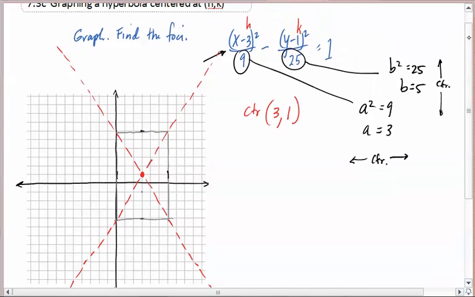So let's see. The next thing that we need to do is to, again, remember that this is going to be oriented horizontally because of the positive X. So that means that my hyperbola needs to be drawn from right here. Now careful, we're not going to go down to the x-axis.